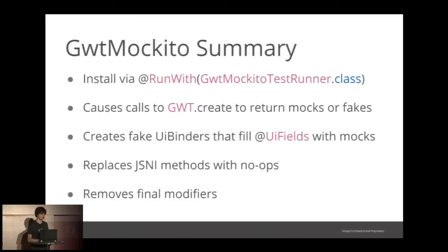Normally, mocking frameworks don't allow you to mock final methods because they're not able to actually go through and override them. But the GWT Mockito test runner actually modifies the bytecode to remove those final modifiers so that you can test with those. It doesn't usually come up, it just kind of happens silently in the background, but that's another problem you might have if you were not using GWT Mockito.